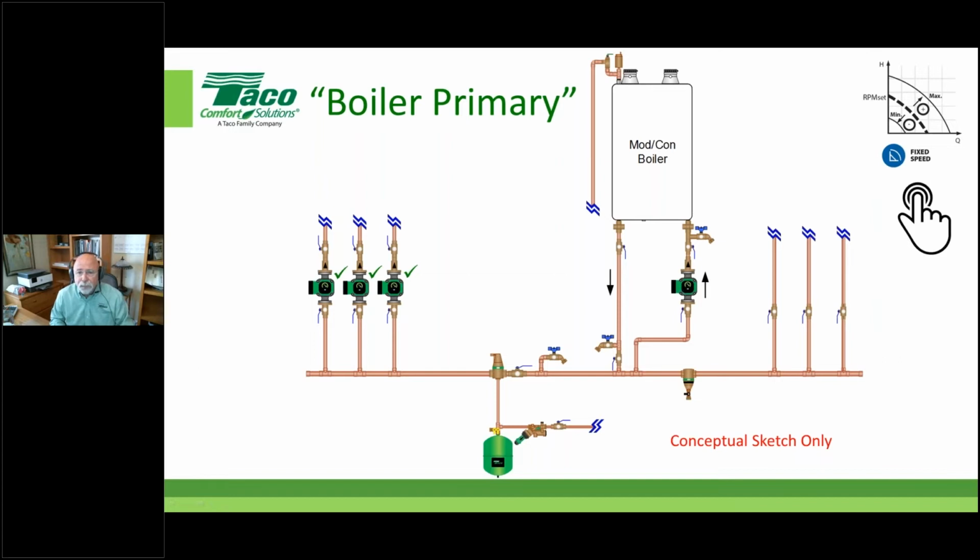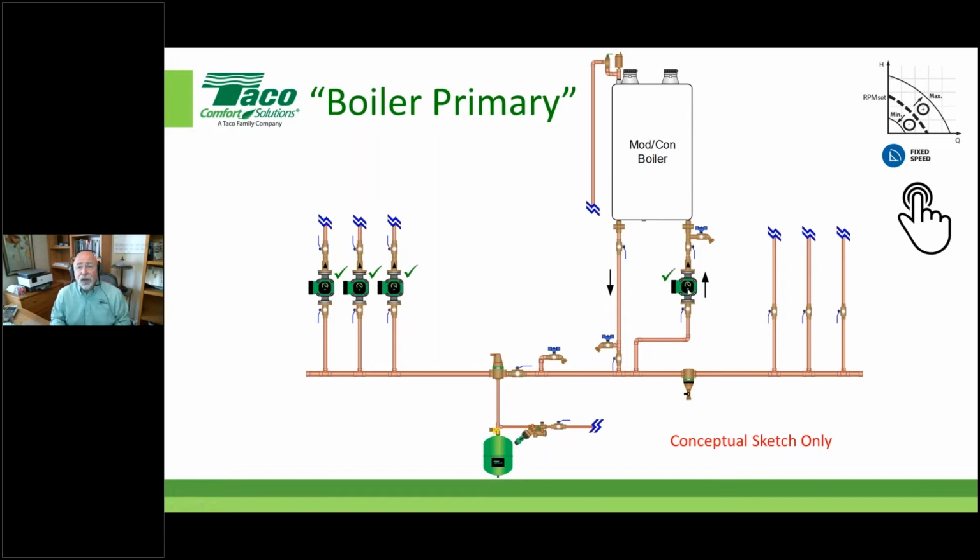But this circulator's responsibility is nothing more than to have energy come out of the heat exchanger and drop into a T. It's going to pull whatever it needs back here and push it back, and that's its circuitry. Notice there's no automatic valves going to open and close. There's no input to that circulator to tell it to change its speed. So if you're doing something like this, save one example that I'm going to show you next, then the right mode of operation on a primary boiler circulator is fixed speed.